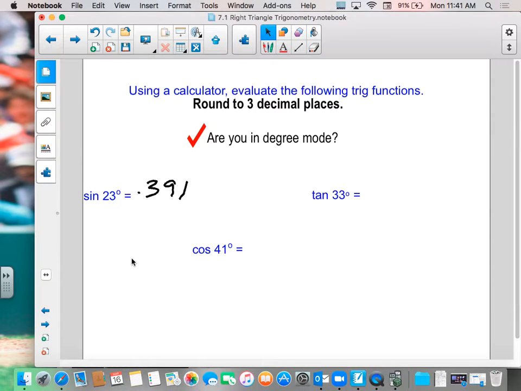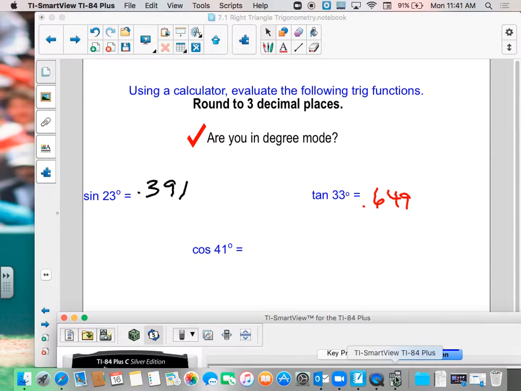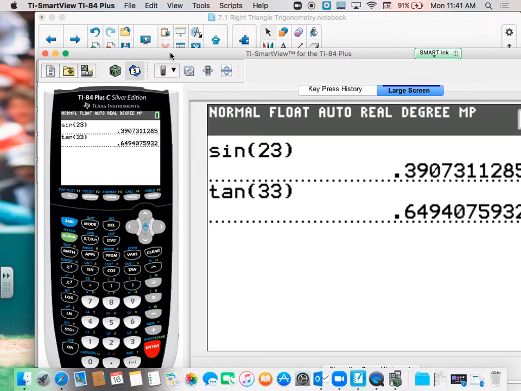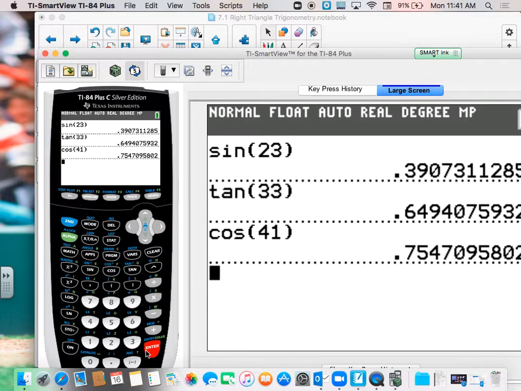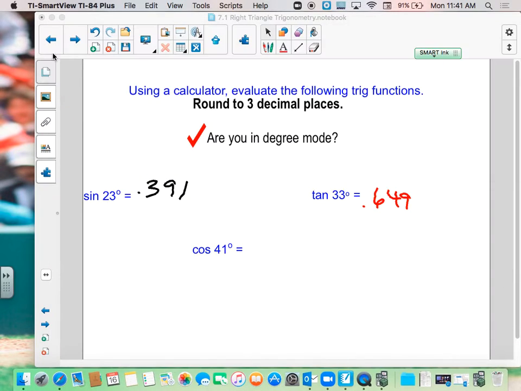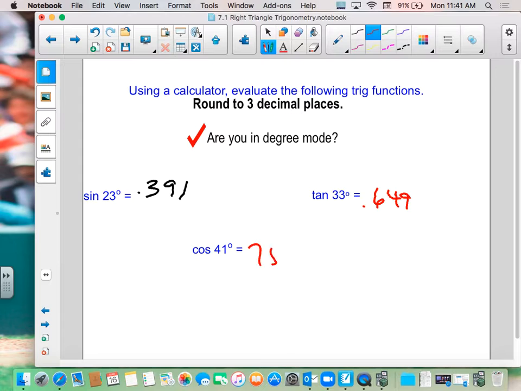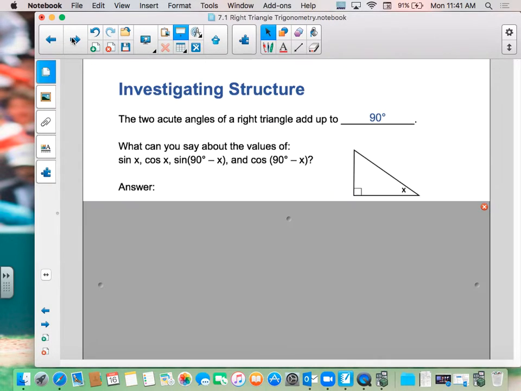And then I've got cosine of 41. And you can find all that in there too. And here's cosine 41, approximately 0.755. Just clarifying and making sure you know how to use that calculator.